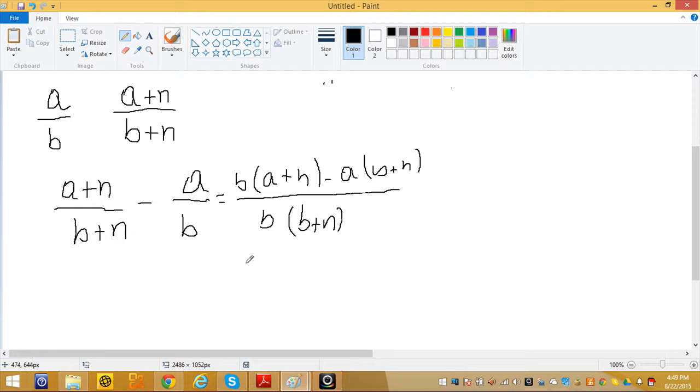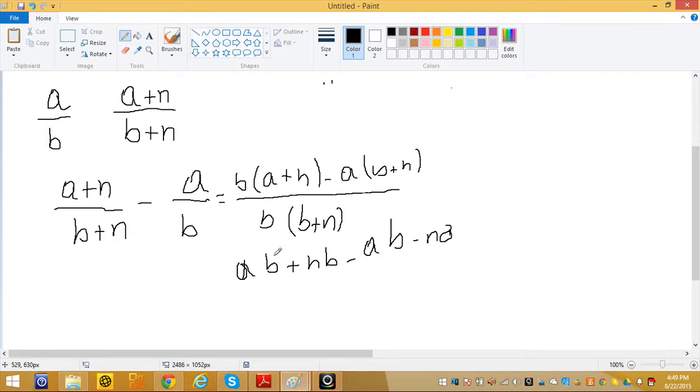So the numerator is going to be ab plus nb, minus ab, and then minus na. That's what we have for the numerator. We don't work on the denominator because we know it is going to be positive.